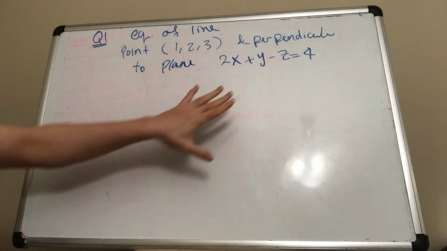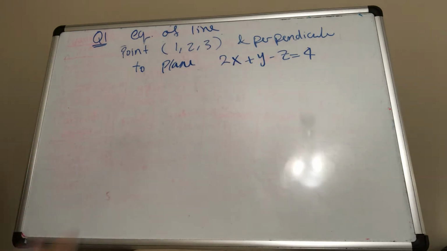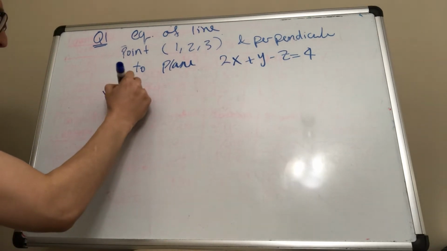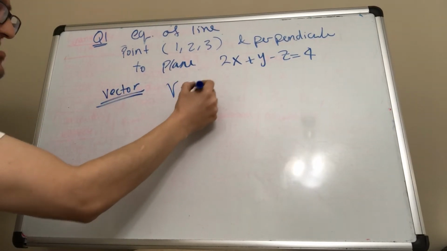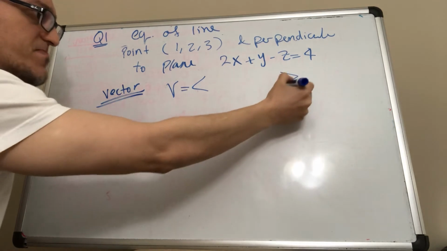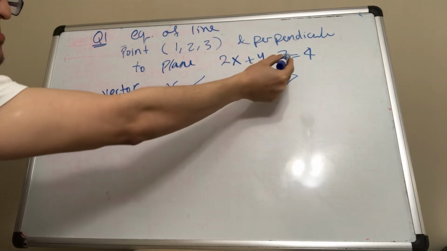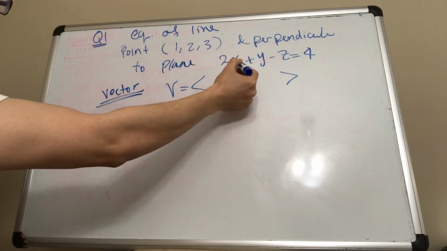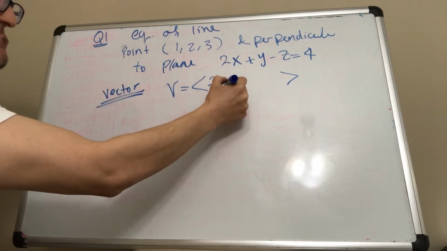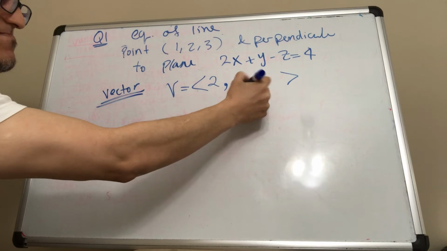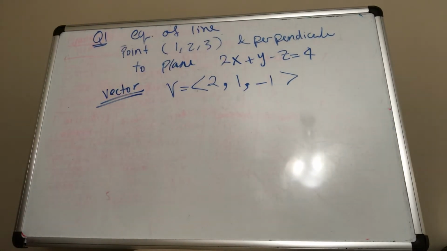Now, you can figure out a vector. I'm gonna call it V. This vector would be the coefficients of x, y, and z. So it would be 2, 1, and -1. That would be your vector.